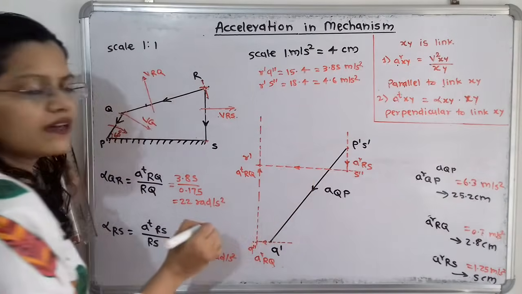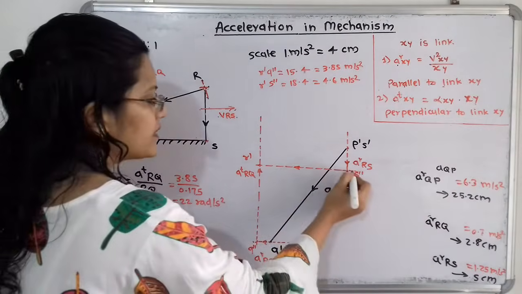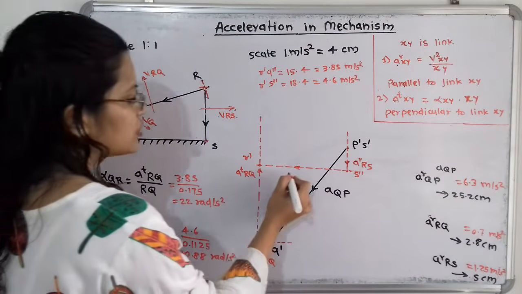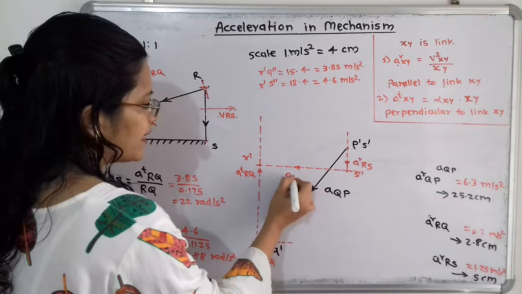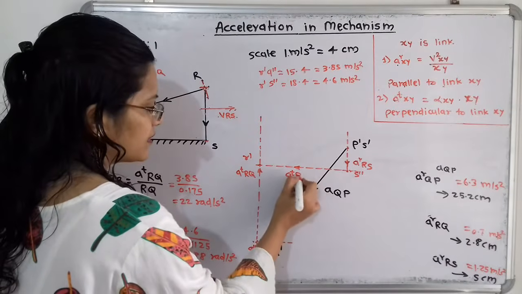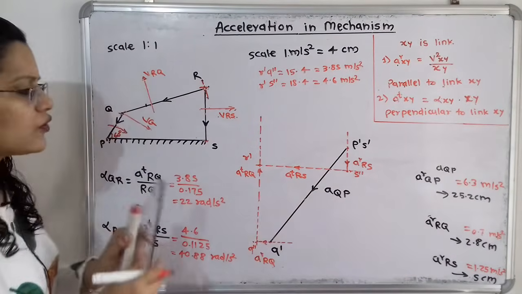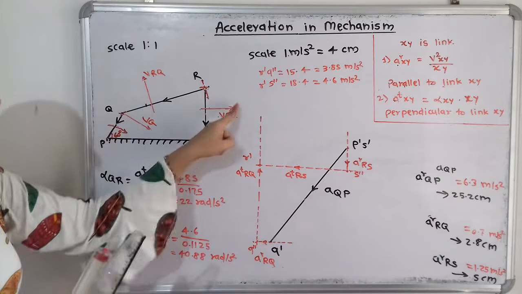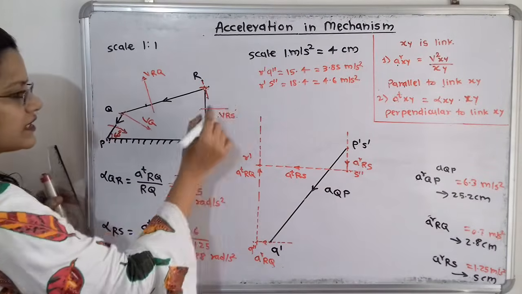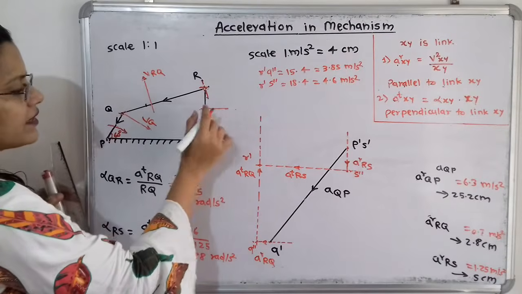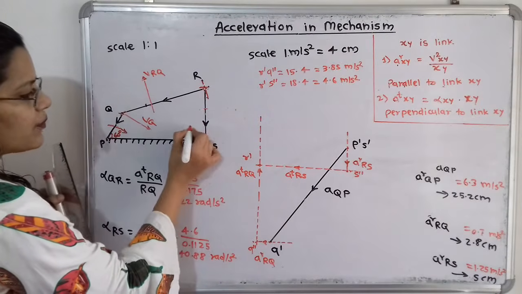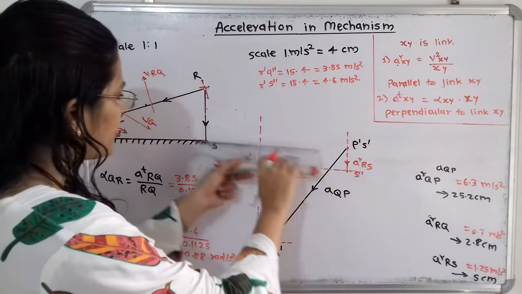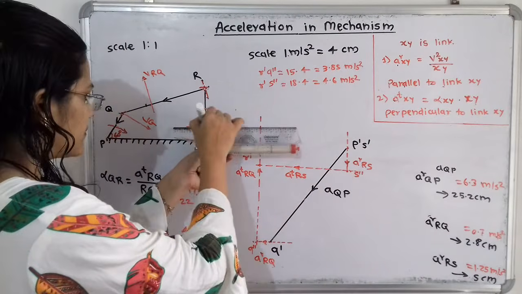Here is the arrow, and this vector S double dash to R dash indicates the tangential component, that is A raised to T RS. For this tangential component we take the velocity in the opposite direction, so I will show the tangential component in the opposite direction.